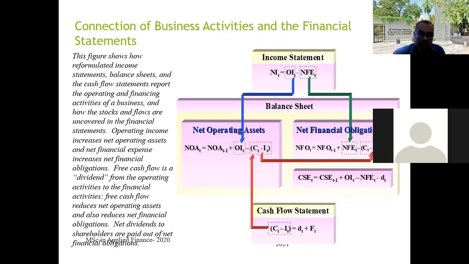Net operating assets at the beginning, change in net operating assets will determine the net operating assets at the end. Now we can connect this one to this equation, liability side. Change in this entire part.